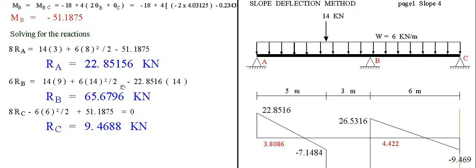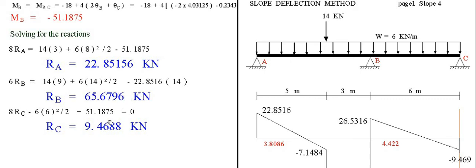Okay, so we have one variable RB. Solving RB is equal to 65.6796. Just pause the video, then verify this with your calculator, then check this value.